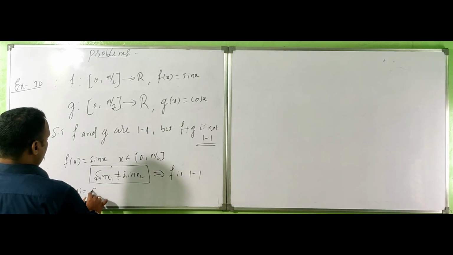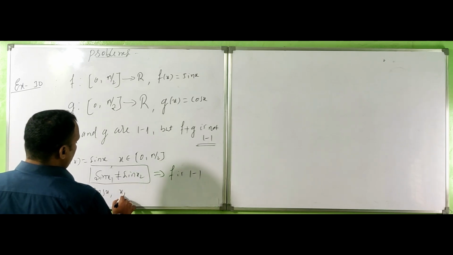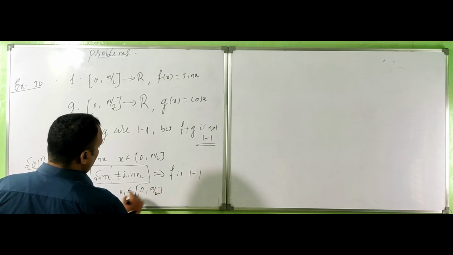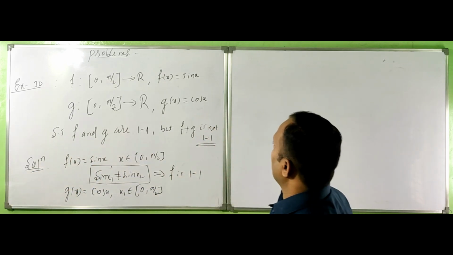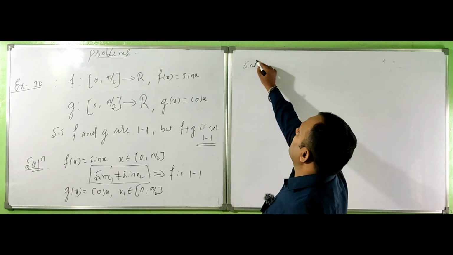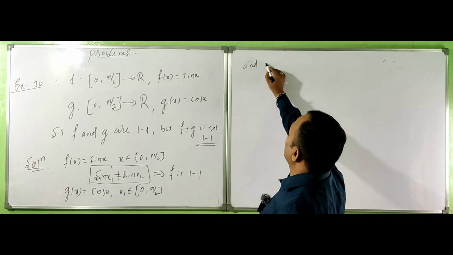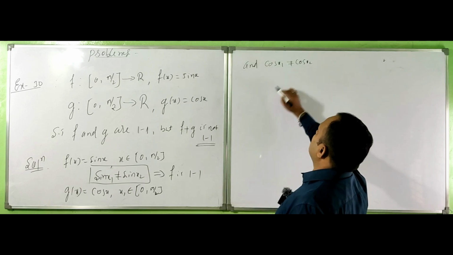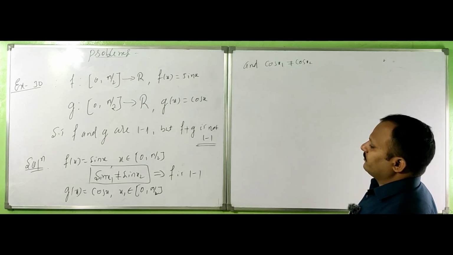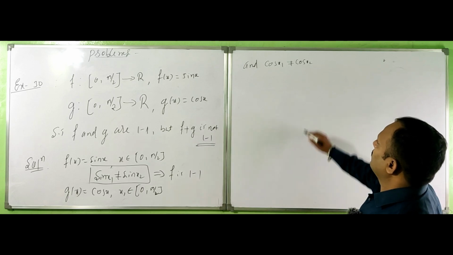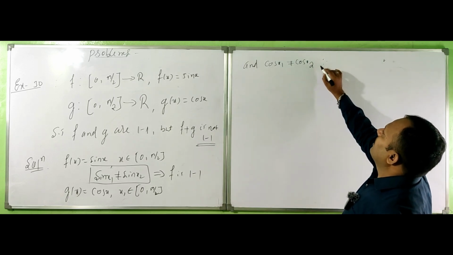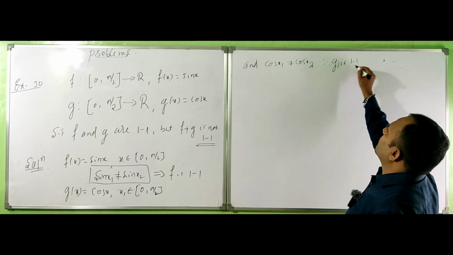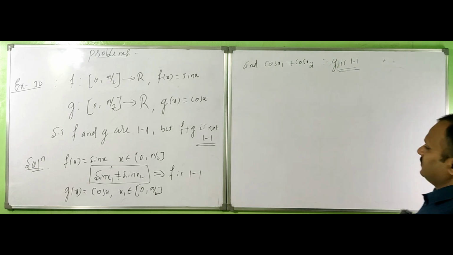G of x is cos x, and x belongs to the closed interval 0 to pi by 2. Therefore, cos of x1 is not equal to cos of x2 for different values of x. Therefore, g of x is 1-1.